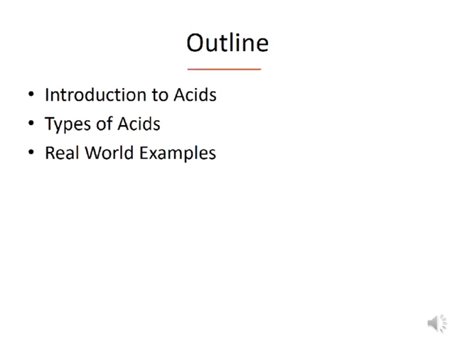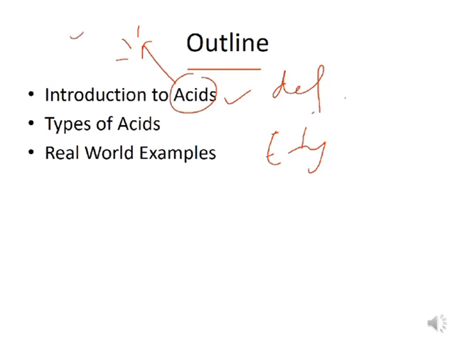So our outline consists of the introduction, then we have to discuss the definition, and we have to go through the etymology. Basically the acids have lots of definitions and why it happens, so we have to discuss that too. Then we have to discuss the types of acids, right?